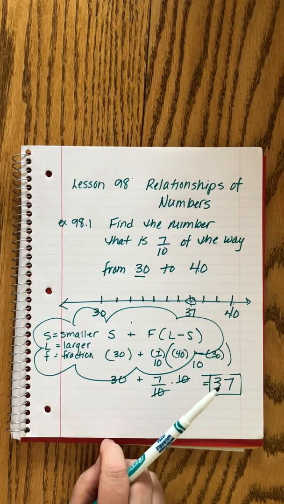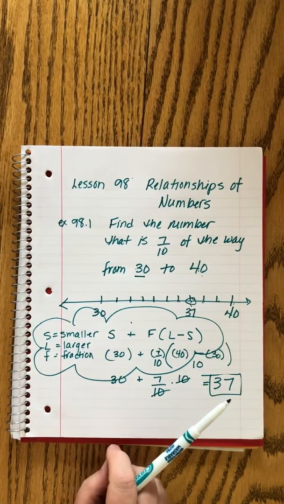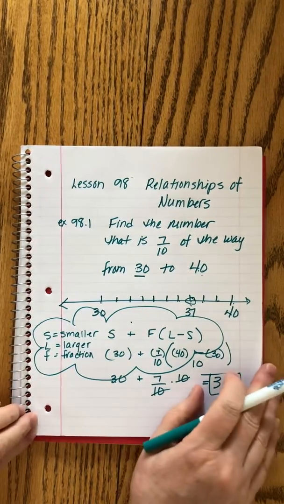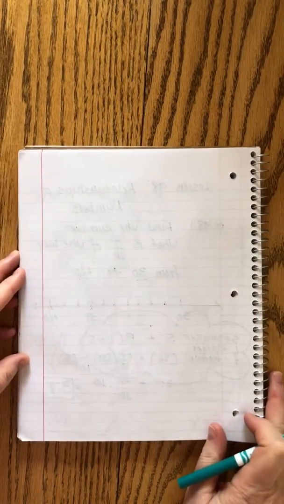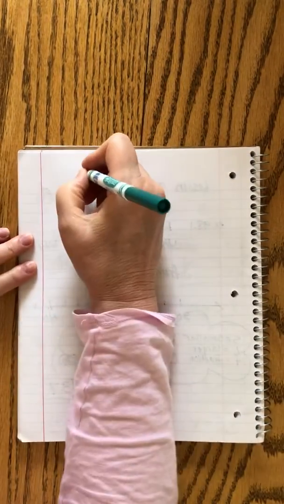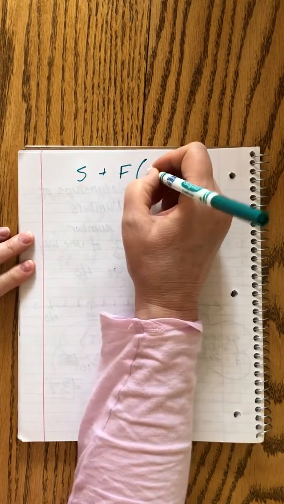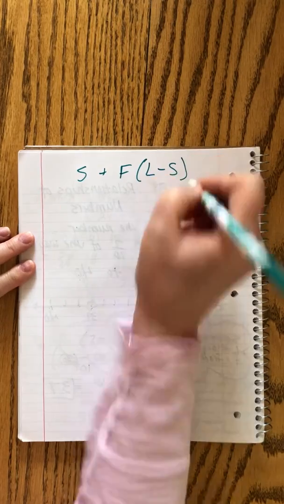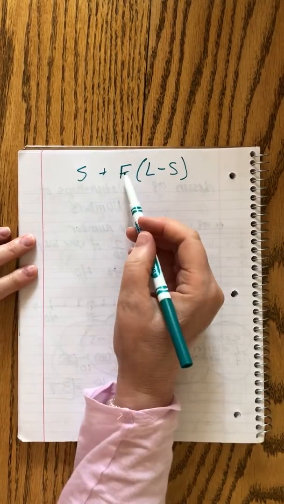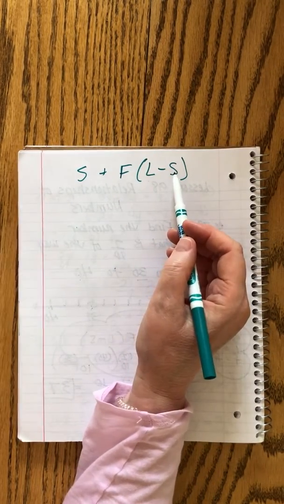So let's do 2 more problems like this using our formula. Okay, and I'm going to write it again up here. We take the smaller number and we add the fraction times the difference of the numbers. Smaller, fraction, larger, smaller.